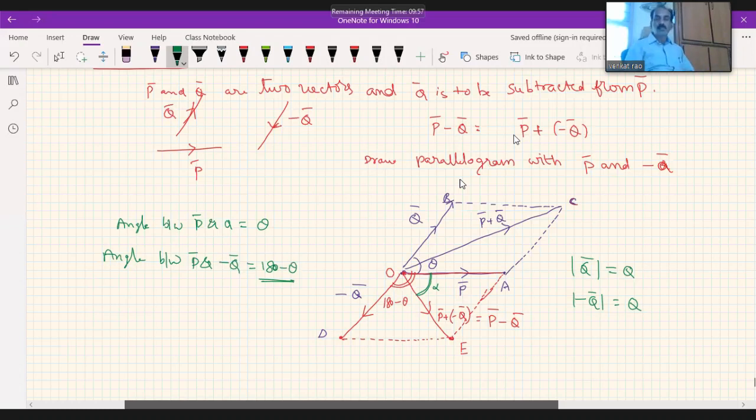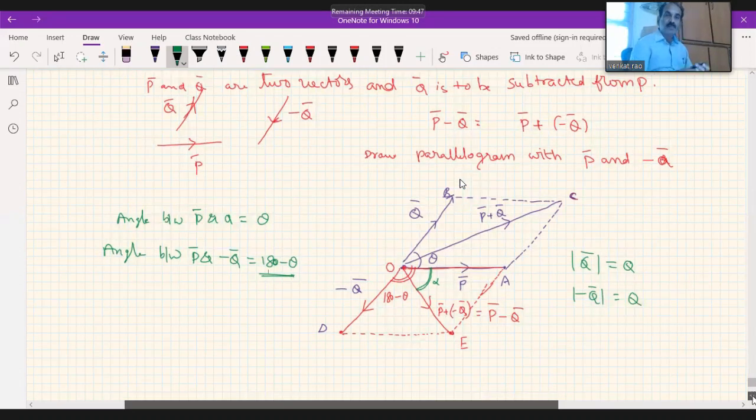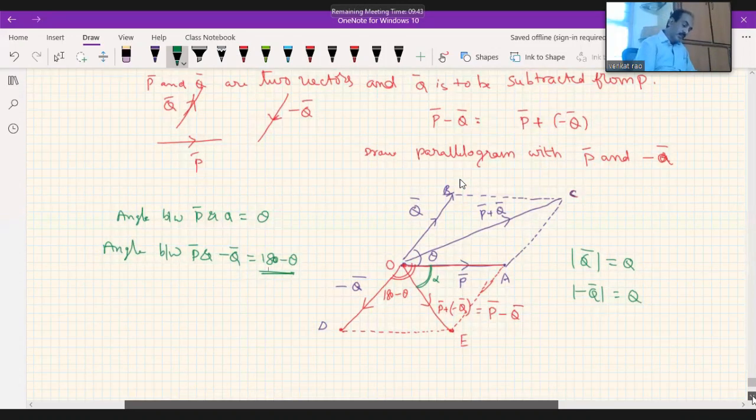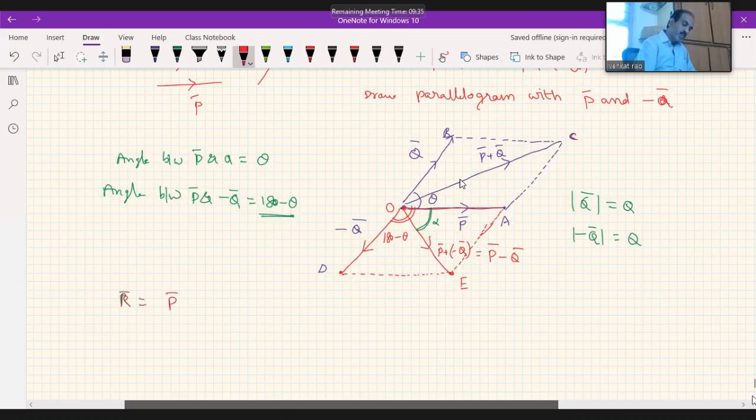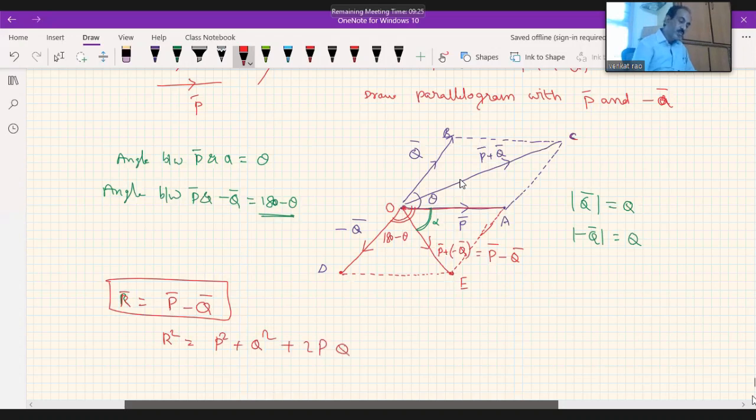Now you can apply the parallelogram law between P bar and minus Q bar. Now automatically R bar equals P bar minus Q bar. Then R square equals P square plus Q square plus 2PQ cos of 180 minus theta.